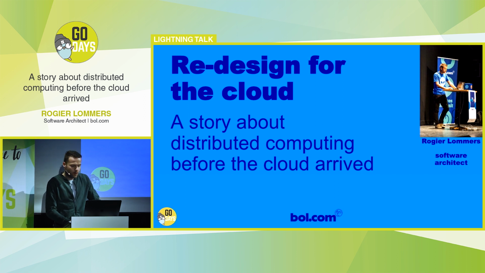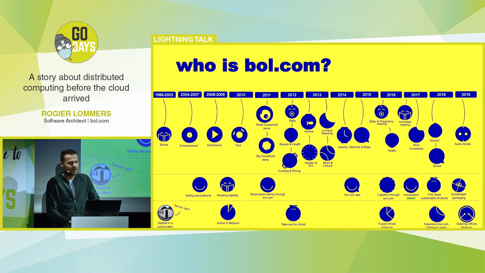First, let me explain who we are. We started in 1999 with only 26 employees as the first online bookstore of the Netherlands, and we slowly expanded our business with some new categories. Not long after our launch, we introduced the concept of a marketplace.